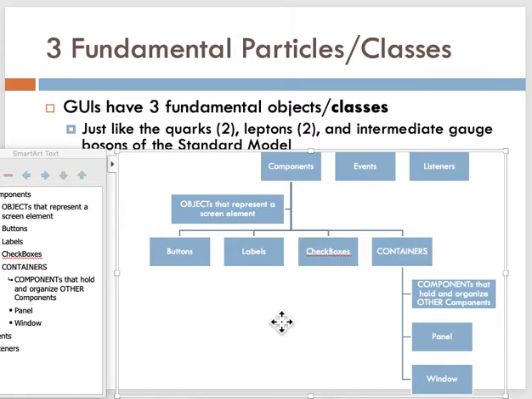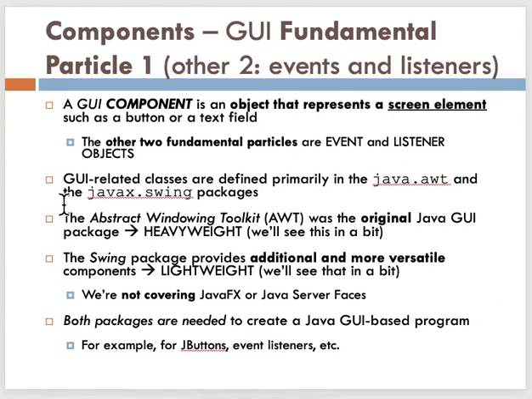So that was the one-minute introduction to all of the GUI stuff. Let's delve into it in more detail now. The thing to remember at this high level is that all of our GUI stuff is going to be made up of objects from three fundamental classes: components, events, and listeners. So let's see how these all come together.